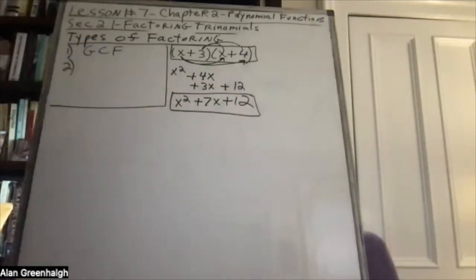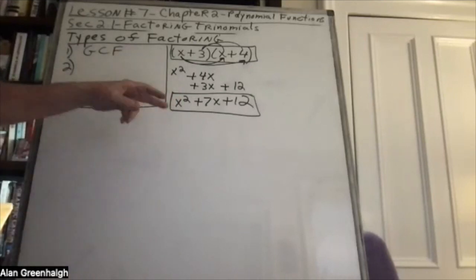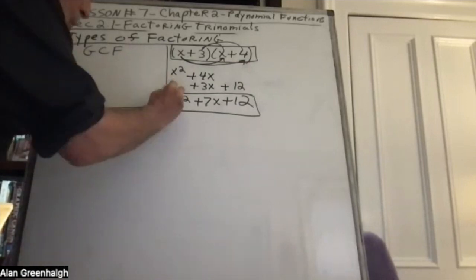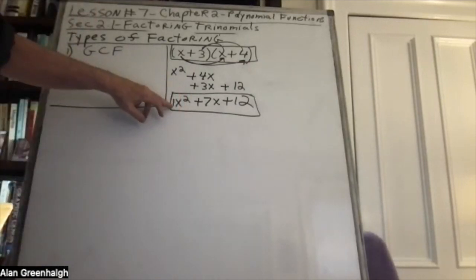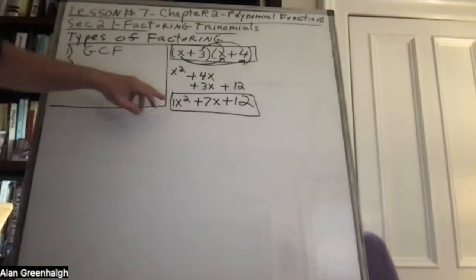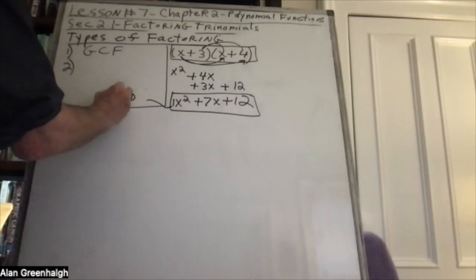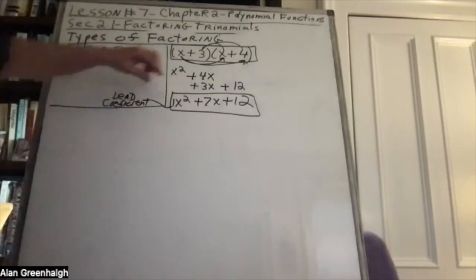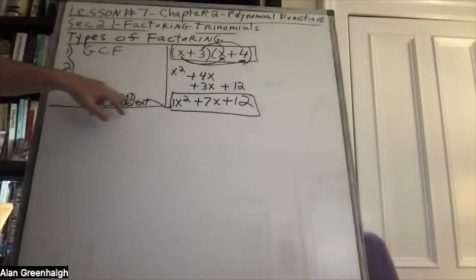It's good, exactly. So in this type of situation, and in this type of situation only, the coefficient of the lead term is called the lead coefficient. The number in front of the variable is called the coefficient.